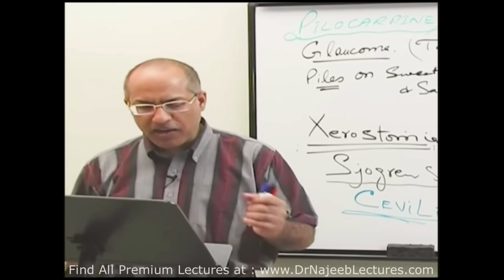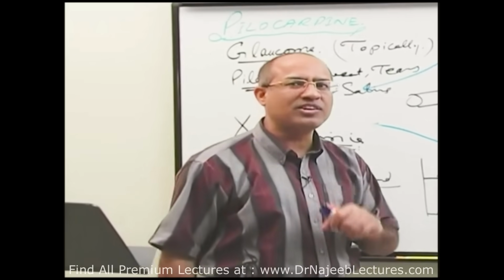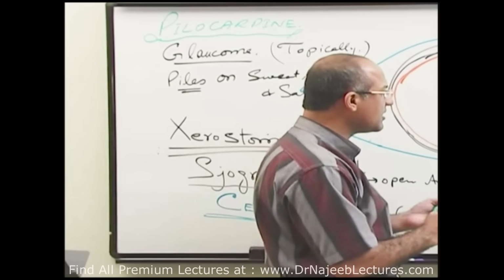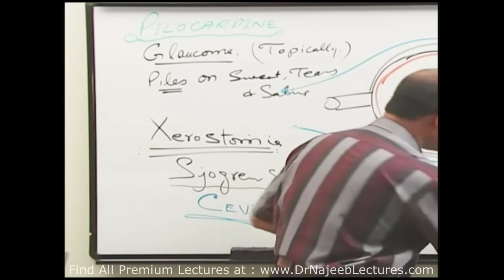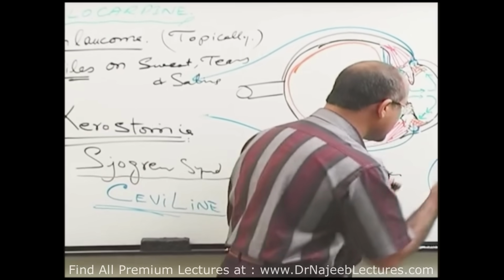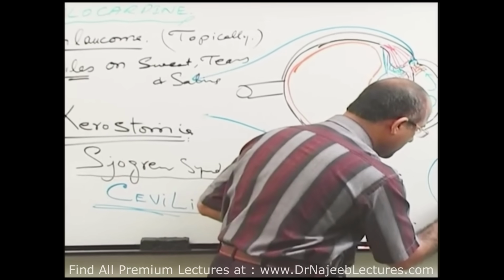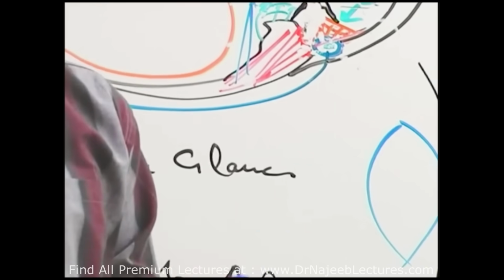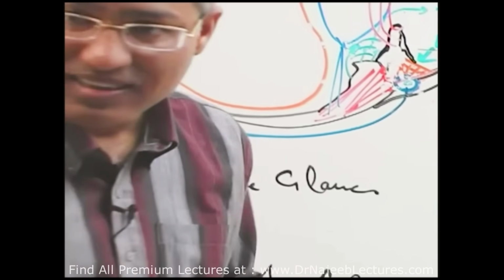Then pilocarpine is also used along with a mydriatic drug when there are adhesions between the iris and the lens. This is the lens, and if there are some adhesions between iris and the lens, in some inflammatory condition of the eyes, right?